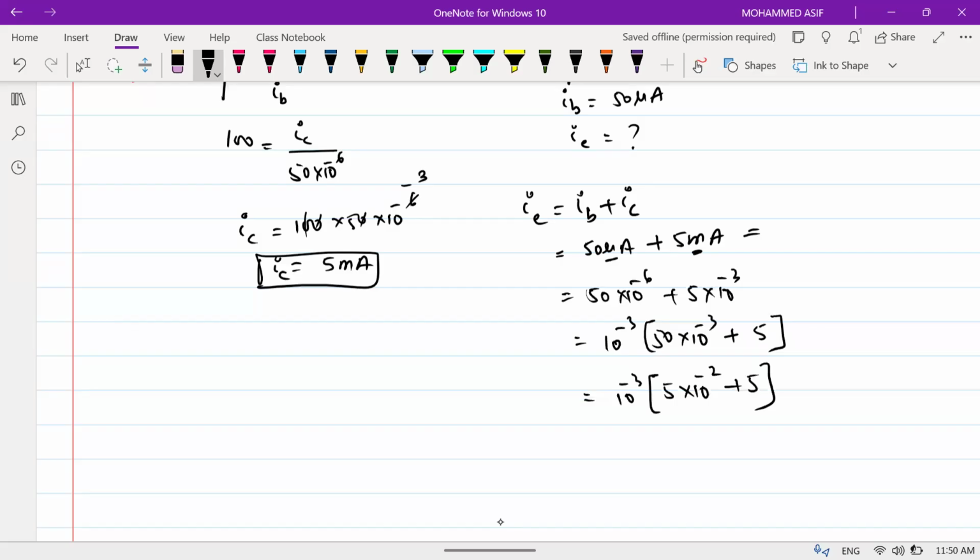Then 10 power minus 3, 10 power minus 2, you should write it in milliamperes: 5.05 milliamperes.